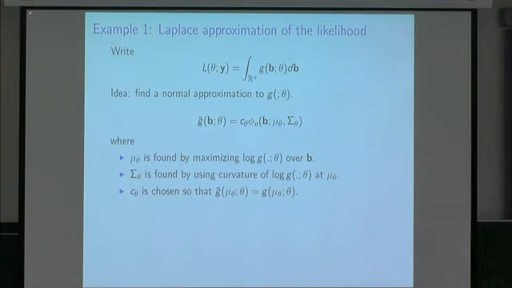So it's kind of making them locally similar at that maximum value. And then given that approximation to g, you can just find an approximation to the likelihood by integrating over the latent variables. Since we've got an approximation which is a constant times the density, that just leaves the constant for the approximation to the likelihood. So that's relatively easy to compute.